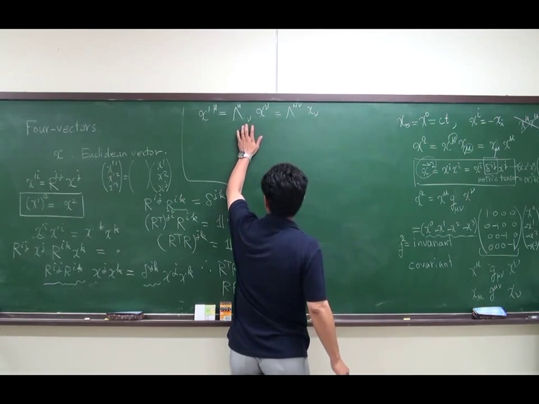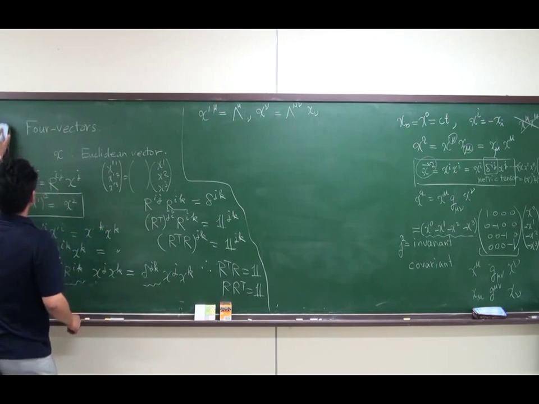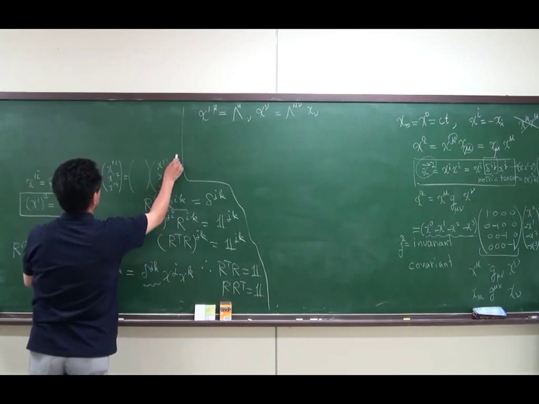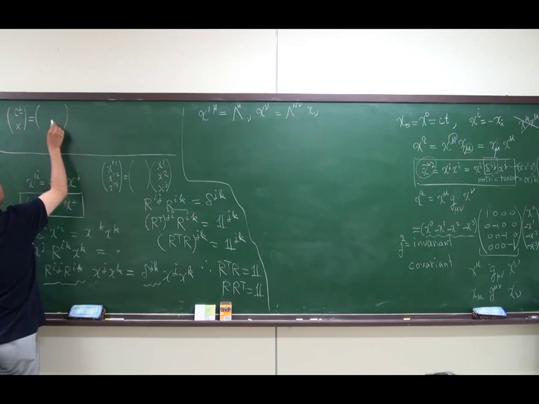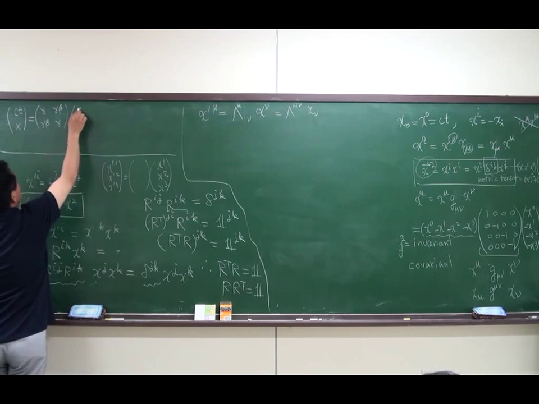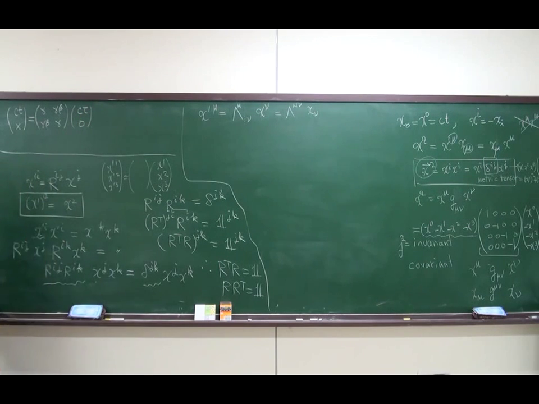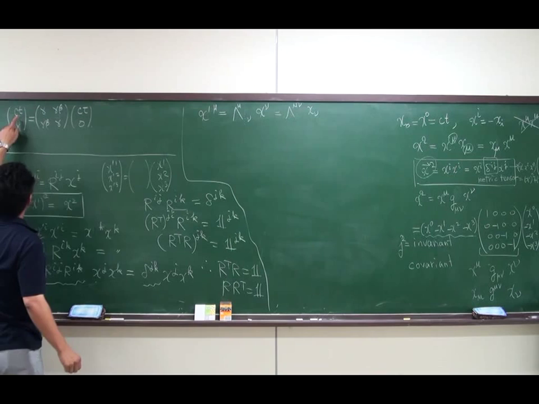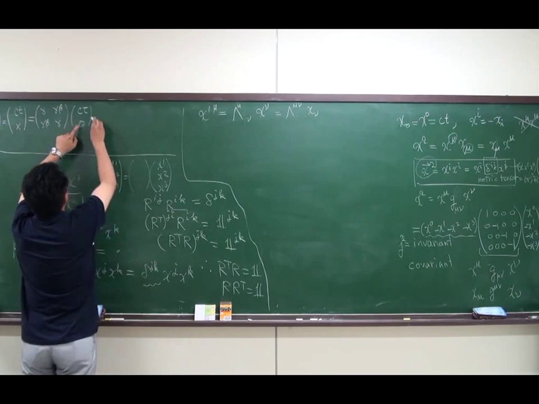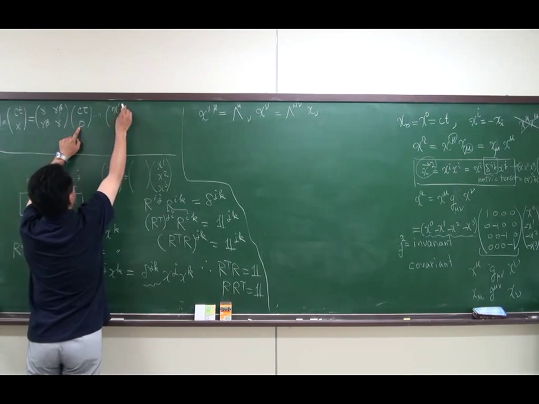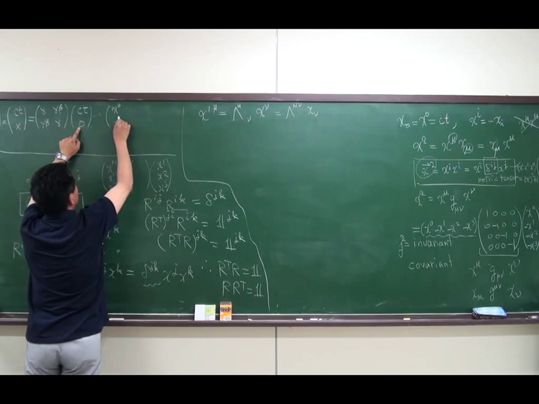However, the reason why I write like that is if we remember, these two are expressed as x prime 0, x prime 1, and this is x unprimed 0, x 1, something like that.